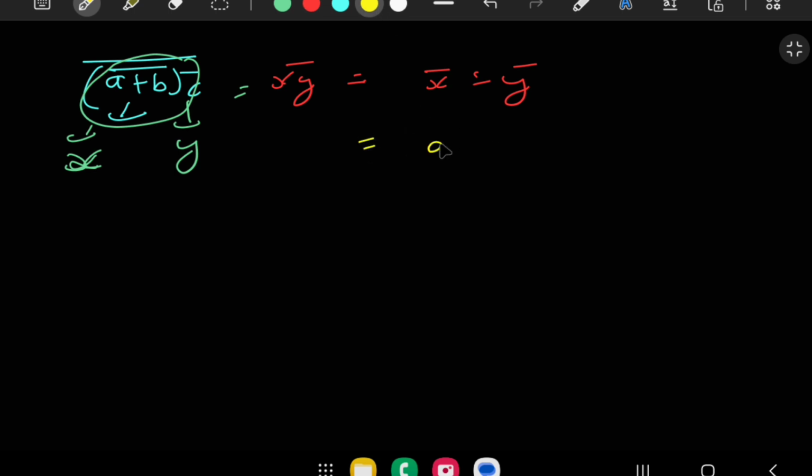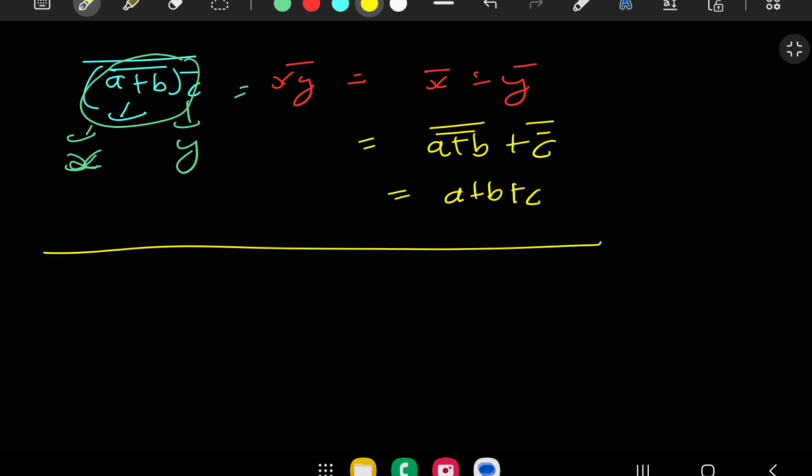Here it will be a plus b plus c. So here the double complement is working. A complement whole complement is a, right? So the answer will be like this. If you apply De Morgan, this is what you'll get.